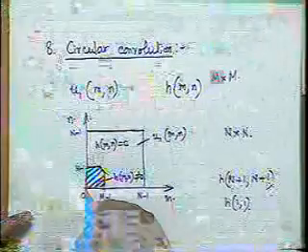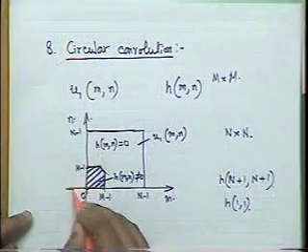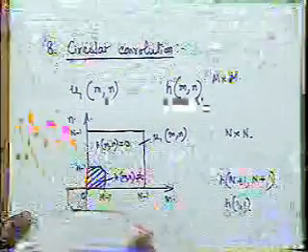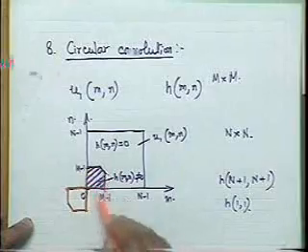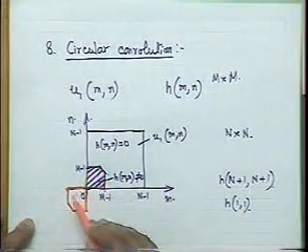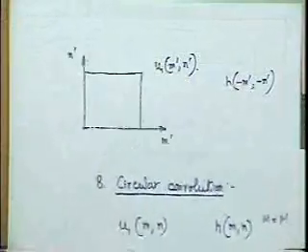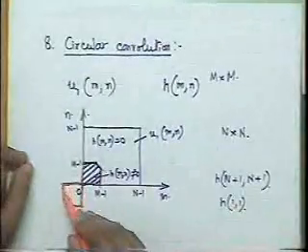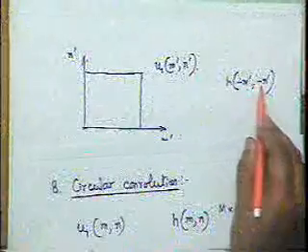Whatever I have drawn within this orange boundary, I am going to consider the function in this form. So whenever I am considering simply the function H of minus m prime minus n prime, it is this H m n function folded over in both m and n direction.